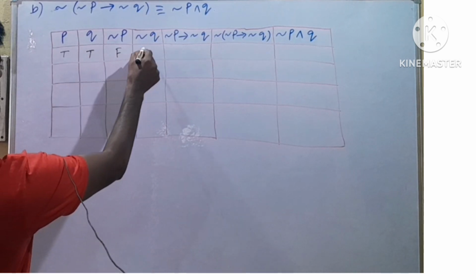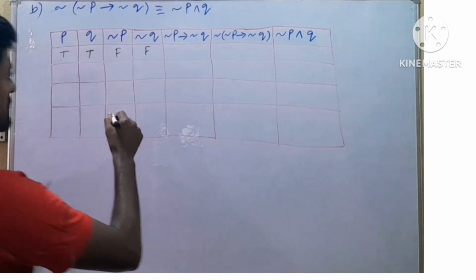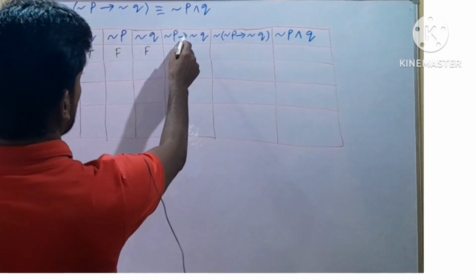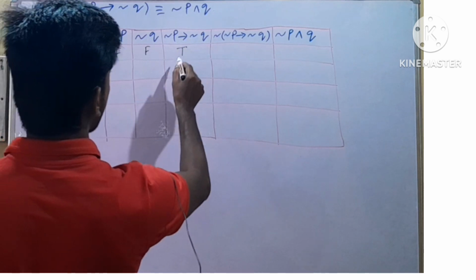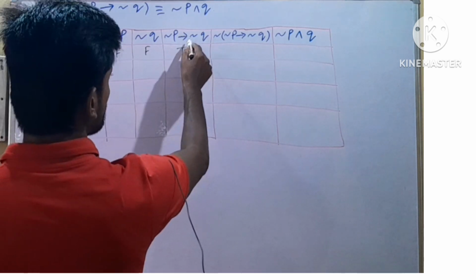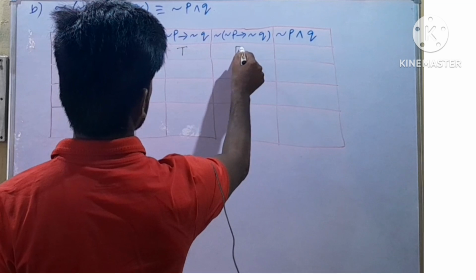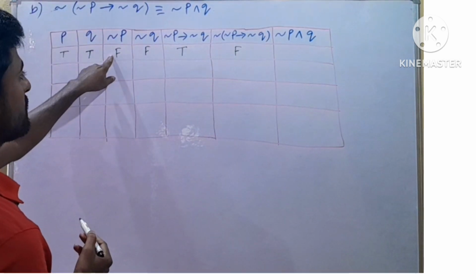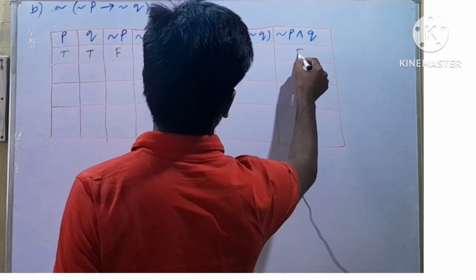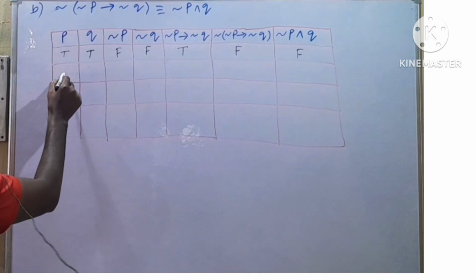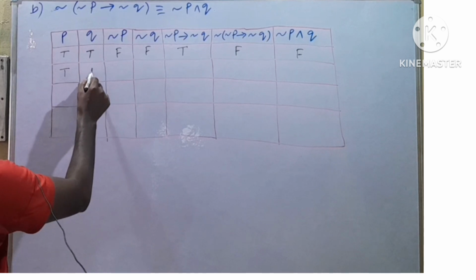Negation of P will be false, negation of Q will also be false. Since negation of P is false, negation of Q is false, the conditional will be true. Since this one is true, its negation will be false. Now negation of P is false and Q is true, so the conjunction will be false. Now take P true, Q false.